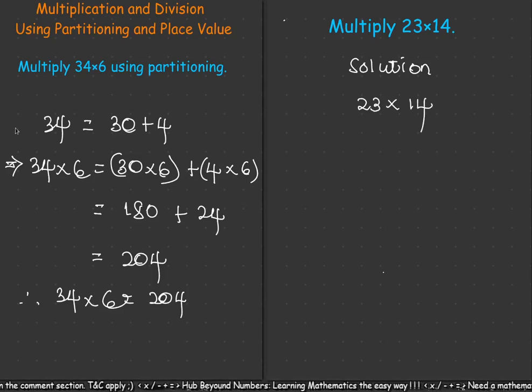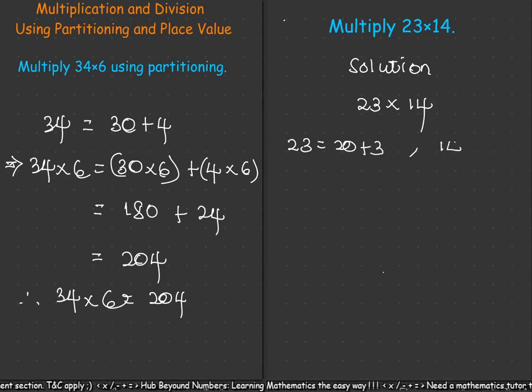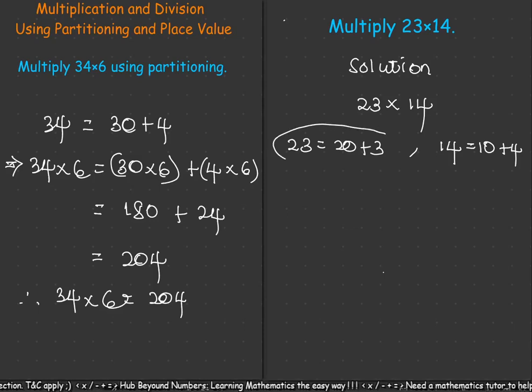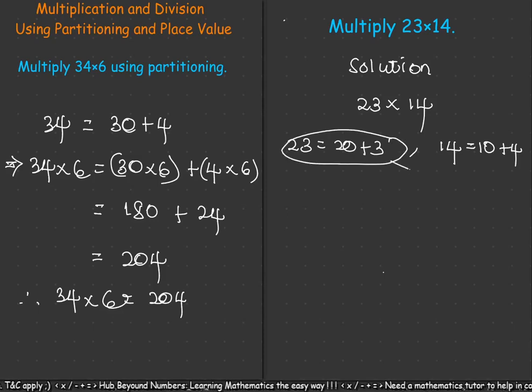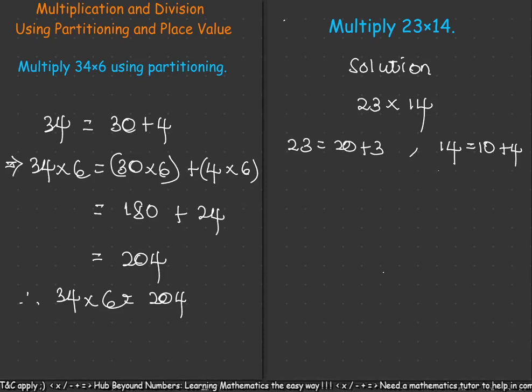We know that our 23 can be written as 20 plus 3, and our 14 can be written as 10 plus 4. So take note, the 23 here would multiply the 10, and it will also multiply the 4, right? So what do I mean by that?